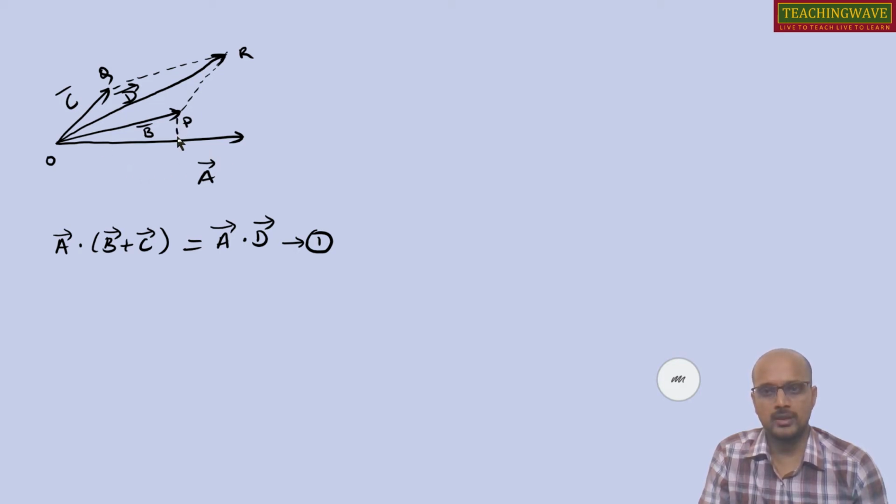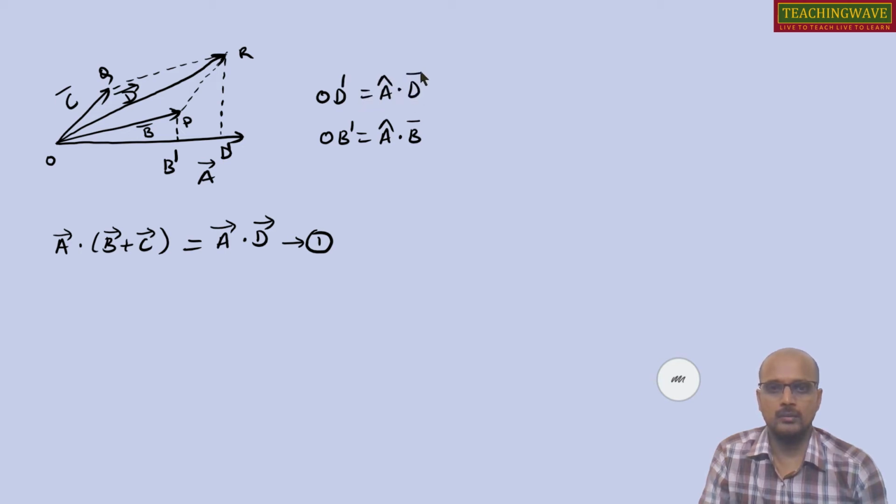The projection of b bar we write as OB prime, so OB prime is equivalent to a cap dot b bar. Similarly, the projection of d bar along a bar is OD prime, where the projection point is D prime, so OD prime is equivalent to a cap dot d bar.